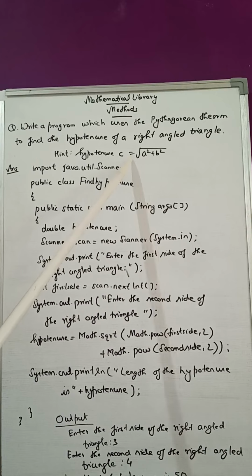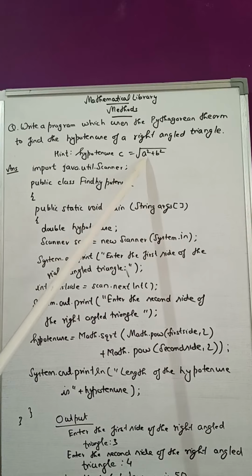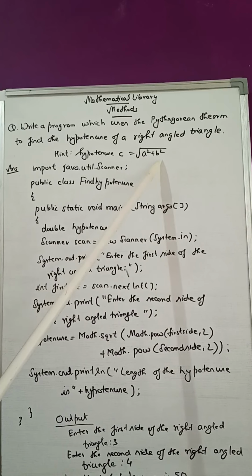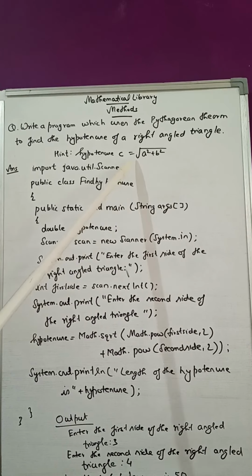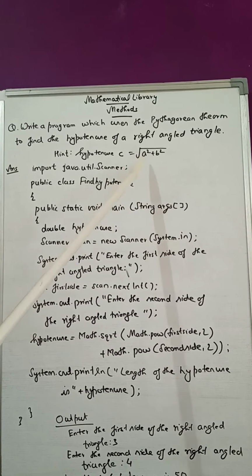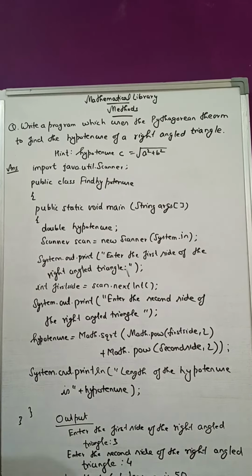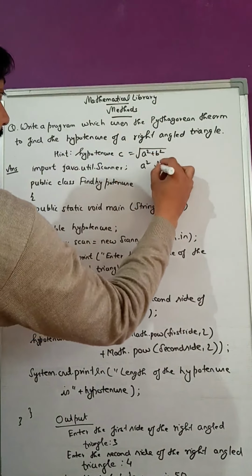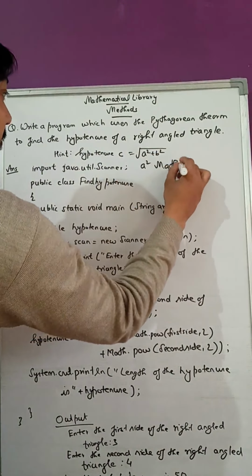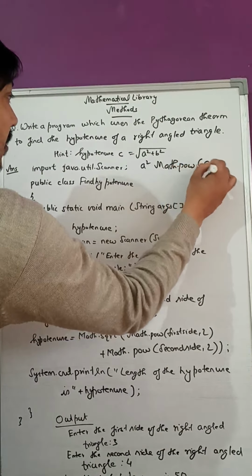Over here the square root is there, and the power of a is there, and the power of b is there. So that means the square root function and the power function will work, right? In the last class I discussed how you calculate the power of a number. Suppose you have to calculate the square of a, you will write math.pow a comma 2.